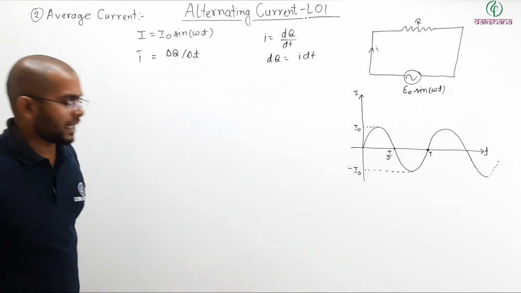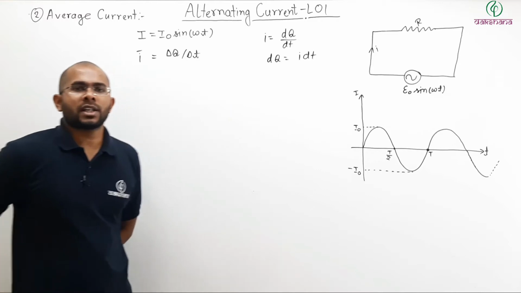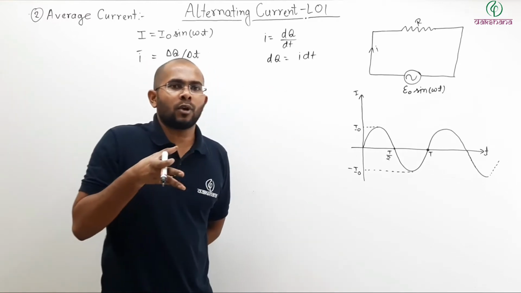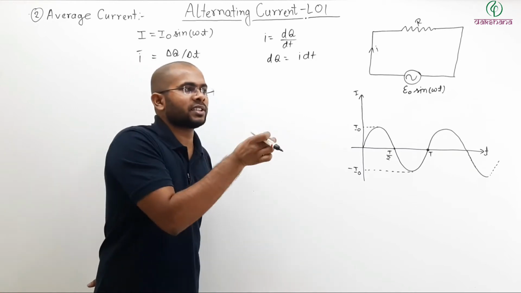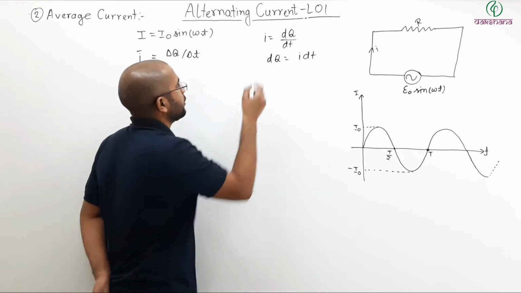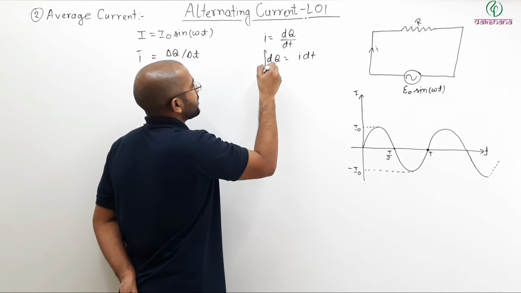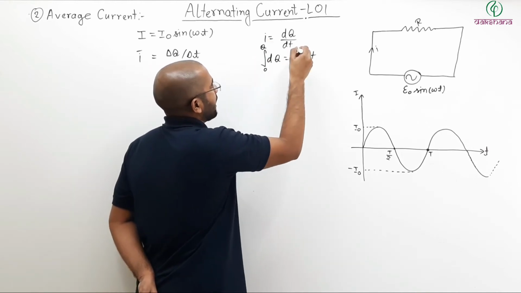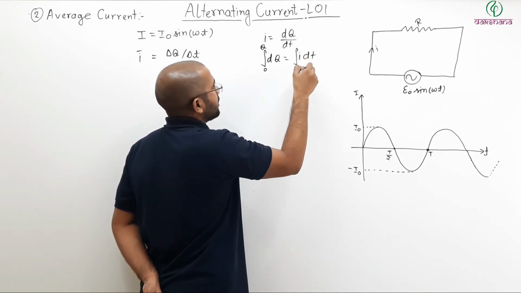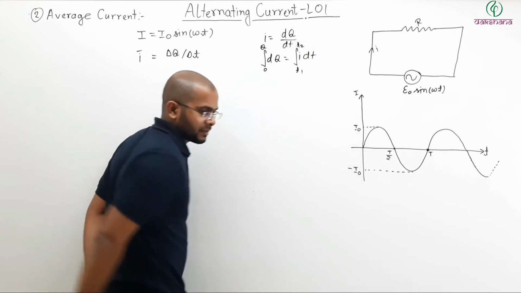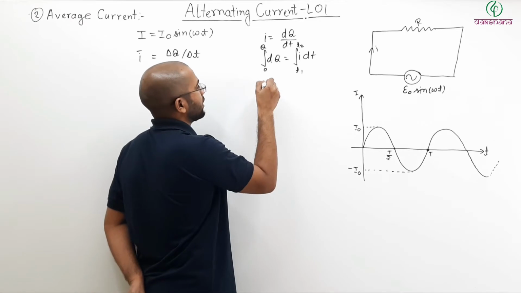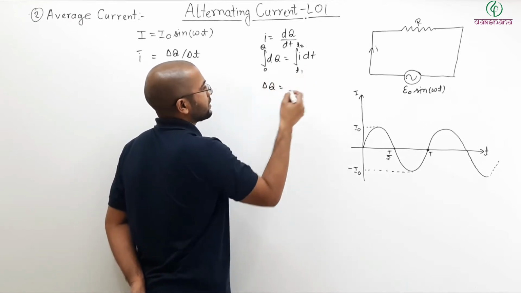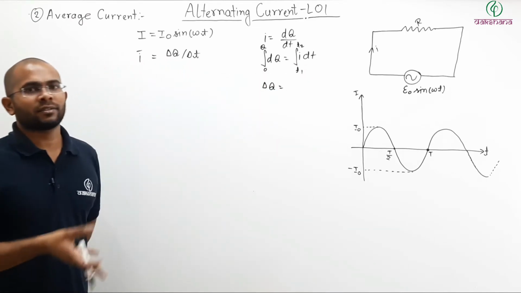And if I want to know the total charge flowing from time t1 to t2, let us say from 3 seconds to 5 seconds, then I will integrate this from 0 to q, and I will integrate this from t1 to t2 like this. So here this will become your delta q, and this will be your total charge flowing.